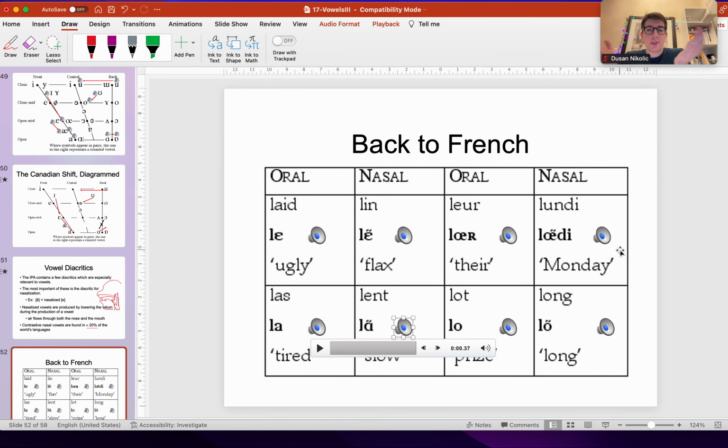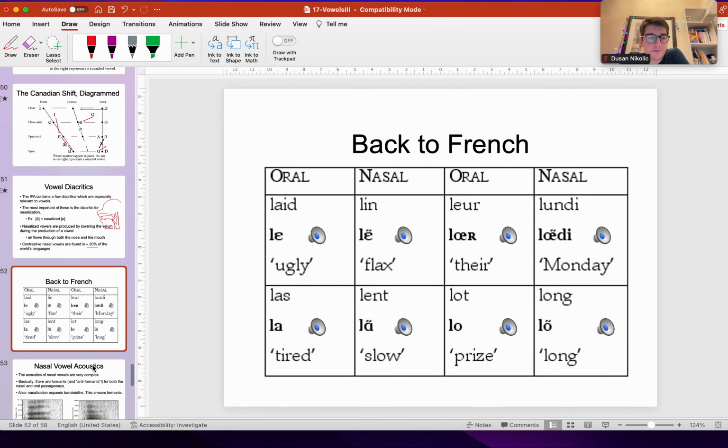So that's how you would produce it. And this one, long, as if you want to say long, but you don't say the last part, and that's the anticipation or anticipatory method of producing a nasalized vowel, actually, right?